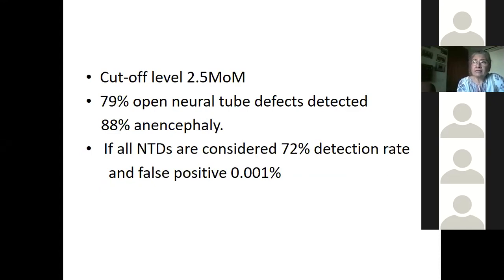But since we now have very good ultrasounds with very good resolutions, anencephaly and other neural tube defects like spina bifida, hydrocephalus and dilatation of ventricles are all easily diagnosed by ultrasound. So we need not do this maternal alpha fetoprotein.